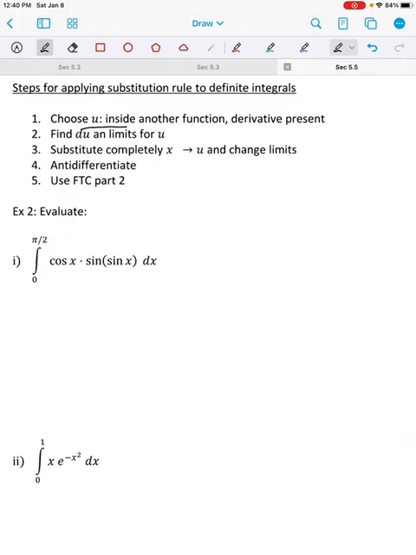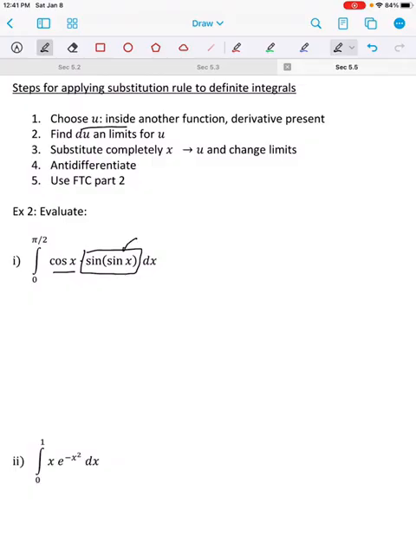So we have the first example, the integral from 0 to pi over 2 of cosine of x times, so this is being multiplied, remember, with this function, and this is sine of x. So this is like a composition of functions, a function inside a function. So what is the inside function?